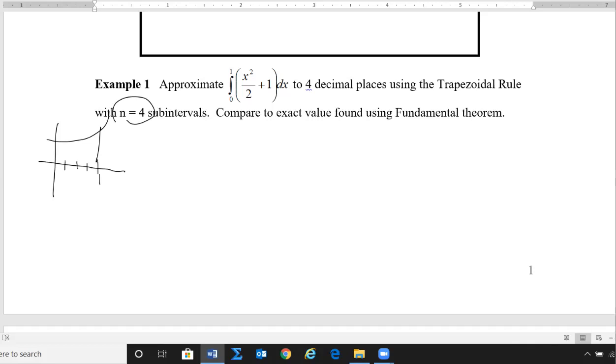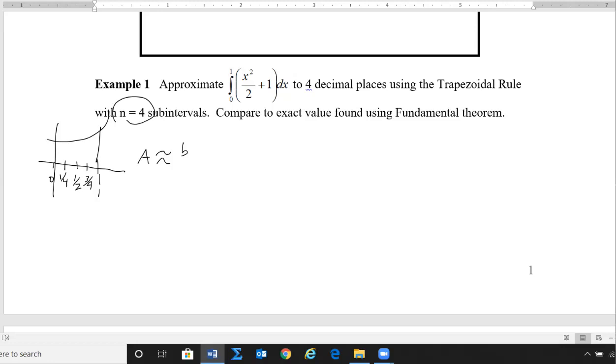So that means we can do this without a lot of math. If that's 1, this is a half, this is a quarter, this is 3/4. And of course, this is 0. So we have all the things we need. We can get our area, which will be approximately this sum.